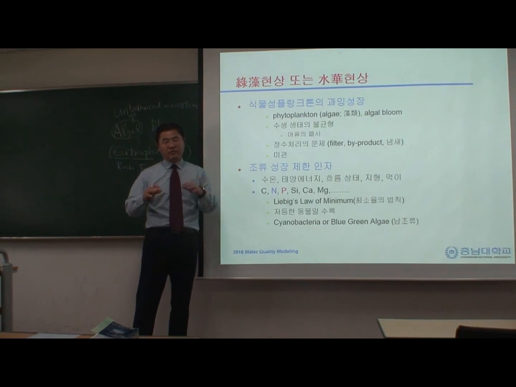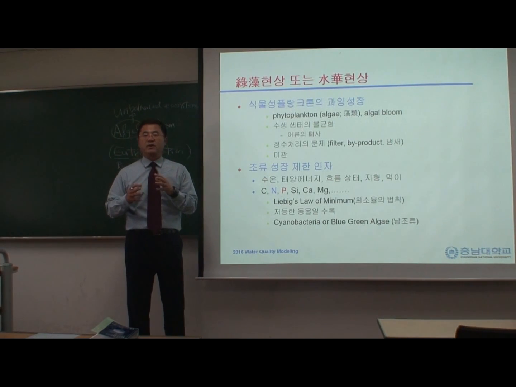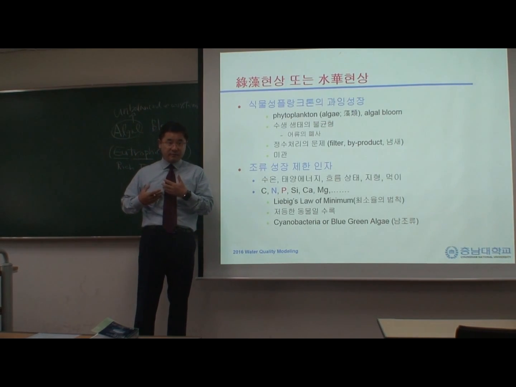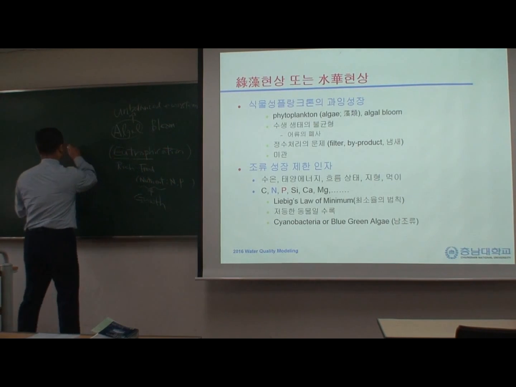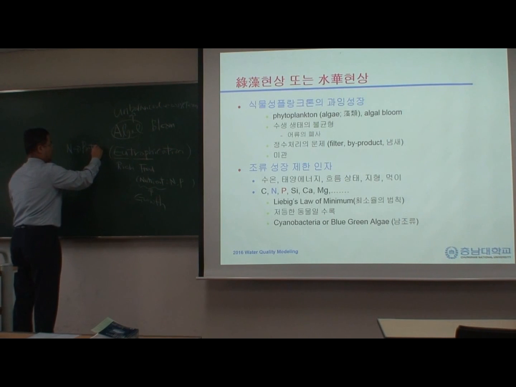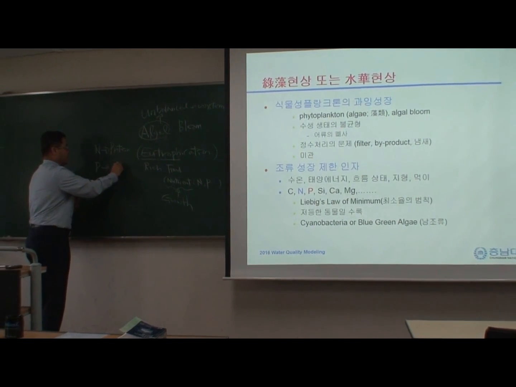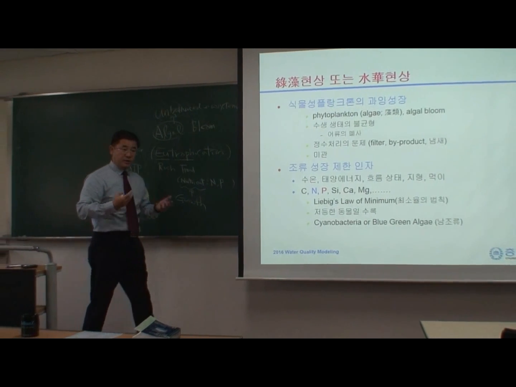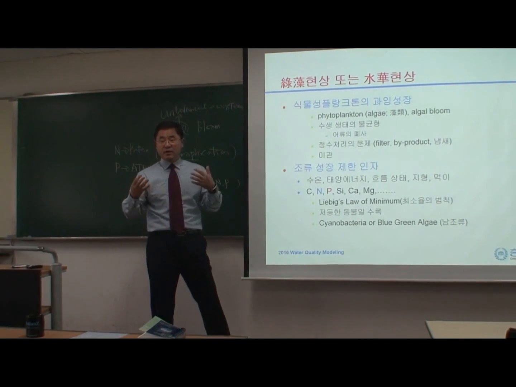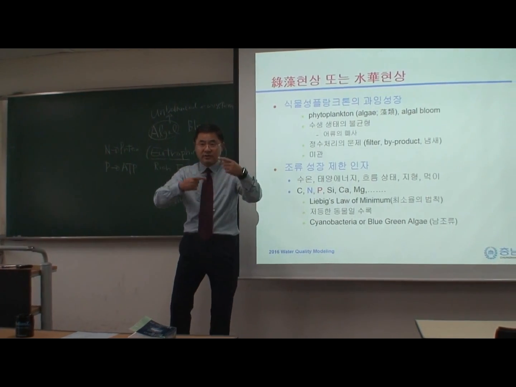If you do not have enough nitrogen, you cannot produce enough protein, right? Because nitrogen is the source of protein. And phosphorus is the source of ATP and ADP, and ATP and ADP are very important for your energy exchange.